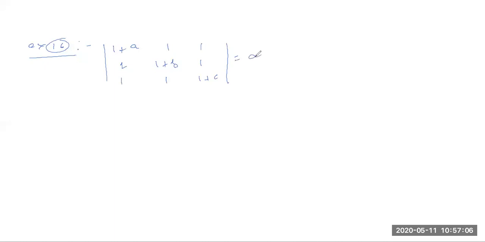We have to prove that this is equal to abc times 1 plus 1 upon a plus 1 upon b plus 1 upon c, which equals abc plus ab plus bc plus ca. Okay, so we have to prove that this determinant will be equal to this one and this one also.